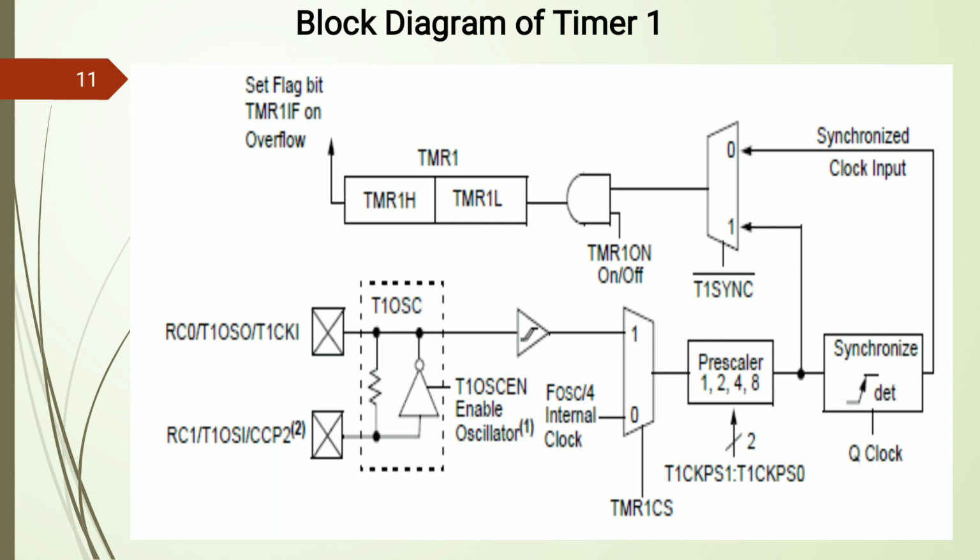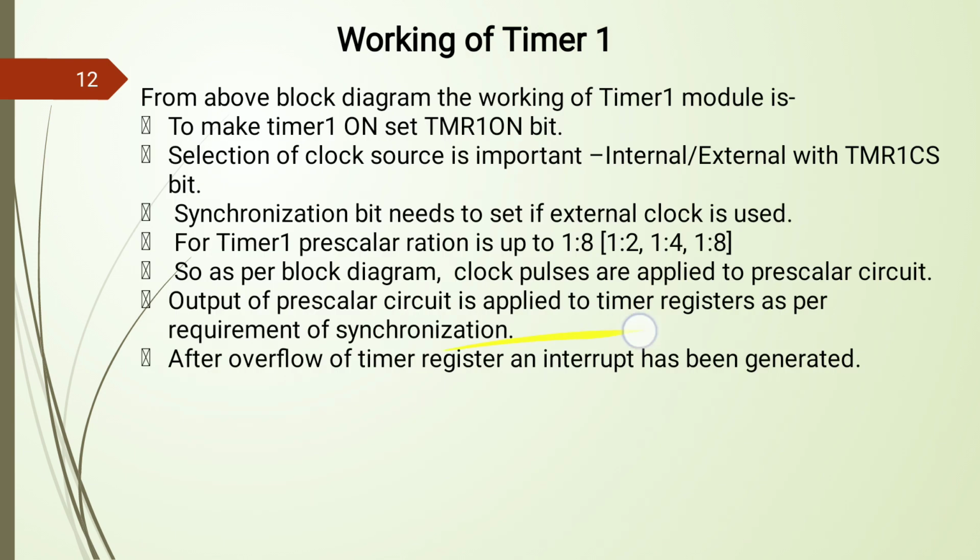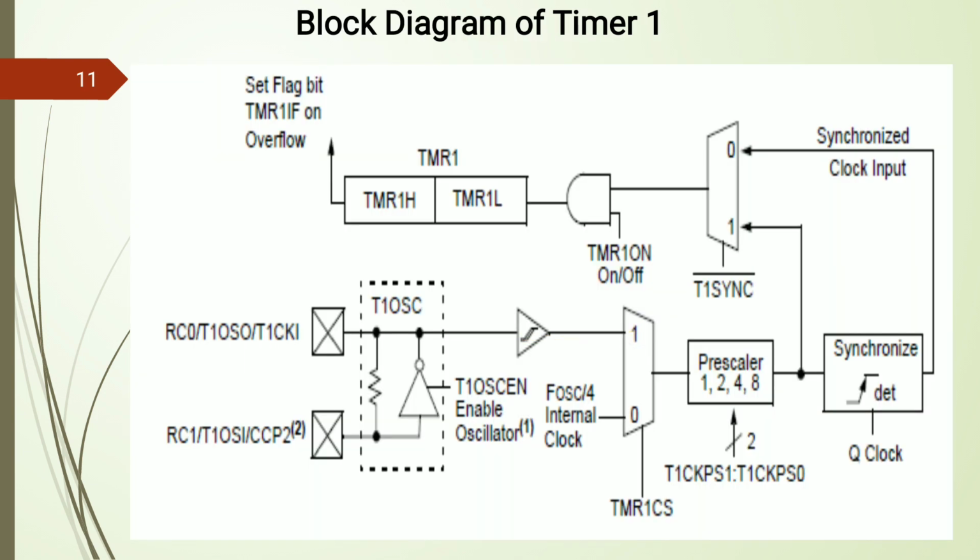Based on that, the output is selected and connected to the next logic circuit, that is an AND gate. Here the timer 1 control bit decides whether the timer starts or not. So if we make the TMR1ON bit equal to 1, only then are pulses applied to the timer registers, that is TMR1H and TMR1L.